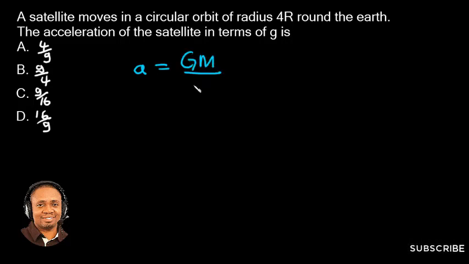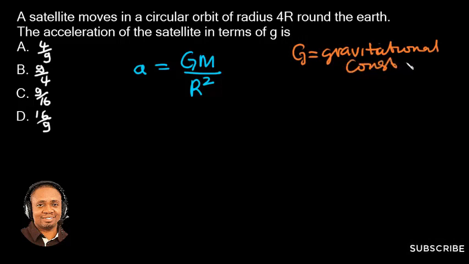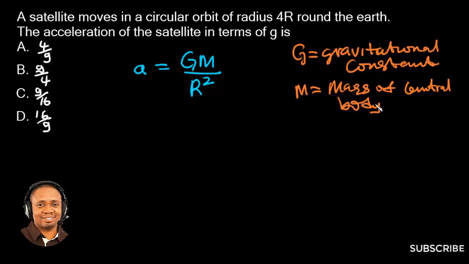GM over r squared. The G is the gravitational constant, while the M is the mass of the central body which the satellite orbits.